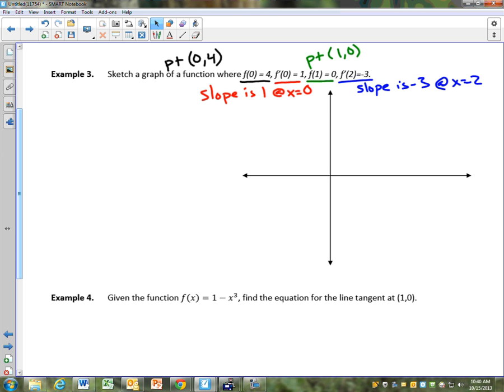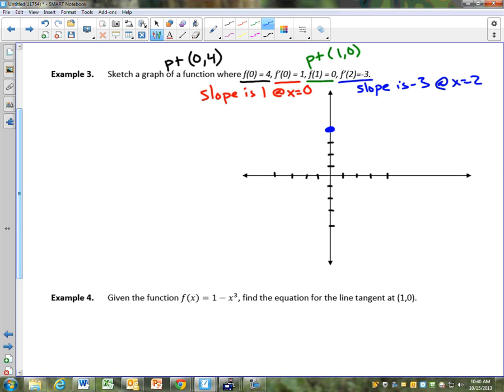But we want to put a point at 0, 4. 1, 2, 3, 4. And let's see, 1, 2, 3. I'll use blue for my graph. Got a point at 0, 4, so I have to go through that.